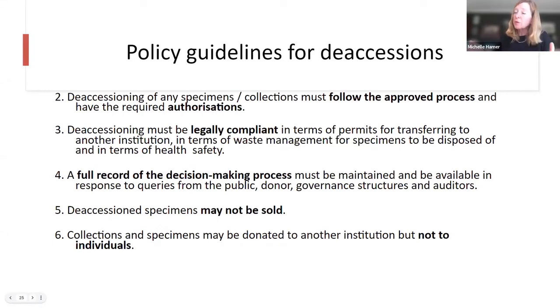If you're going to be disposing, burning or throwing away something, you have to think about waste management. There are regulations for air pollution and waste management, and there might also be health and safety implications. You have to make sure that you're not breaking any laws. Then the fourth one, there should be a full record of the decision-making process. That is the kind of thing that will be checked by an auditor. They will want to see the paper trail for how the decision was made to give that collection away.